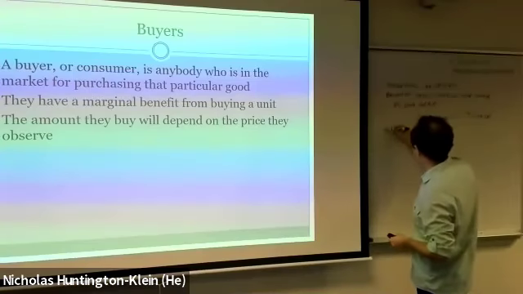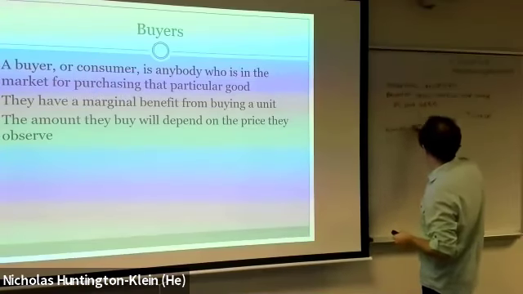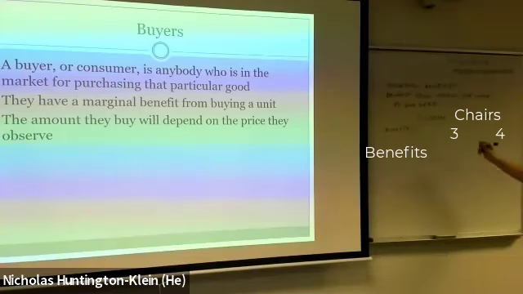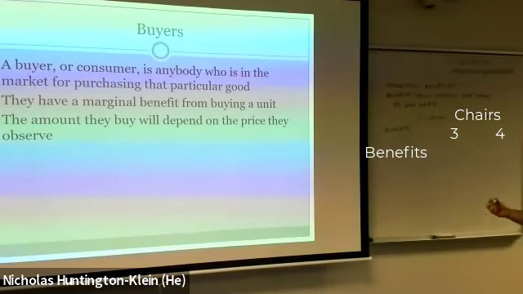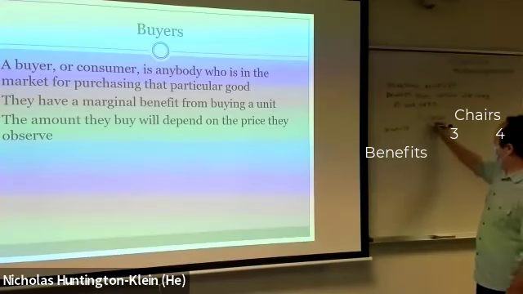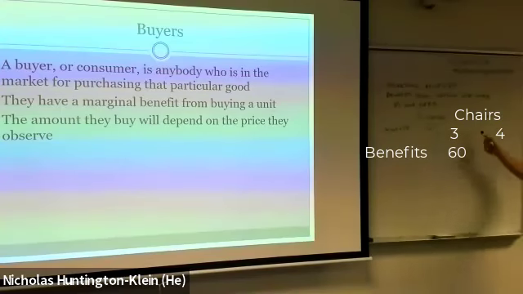What are the benefits? We'll leave out the cost for a second, just look at the benefits. So let's say that we would value having 3 chairs for our table at $60. But with 4 chairs, you finally get the full set. Your table doesn't look weird anymore because you only had 3 chairs. Let's put that at 110. All right.